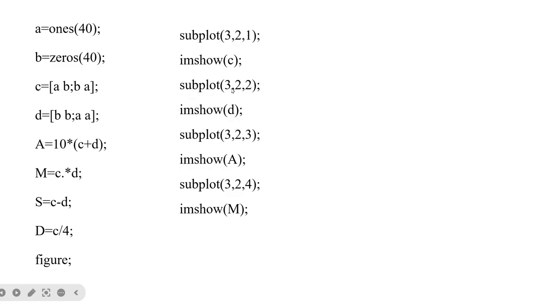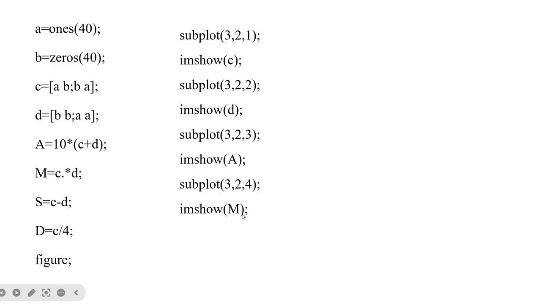Then subplot(3,2,2): 3 rows, 2 columns, second quadrant. In the second quadrant, which image will be shown? D image, this one. Next we have subplot(3,2,3). This will be in the third quadrant. A image will be shown. Next is subplot(3,2,4).